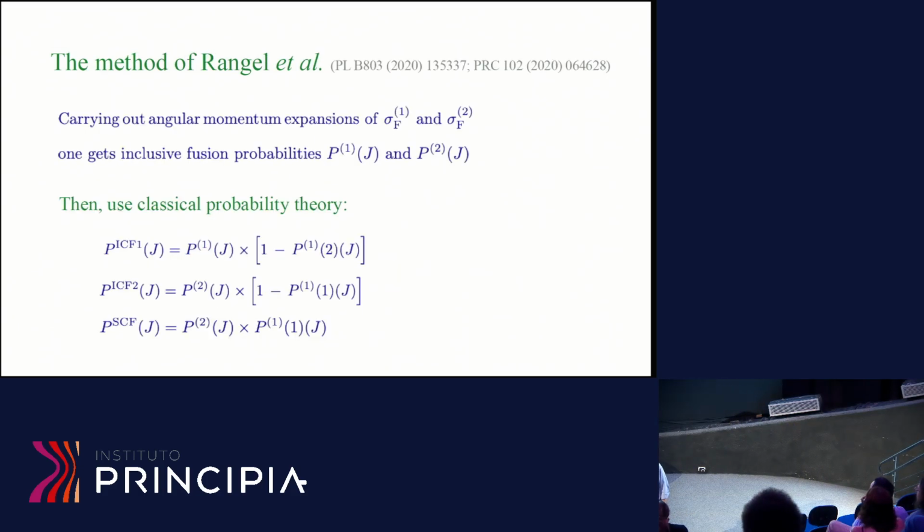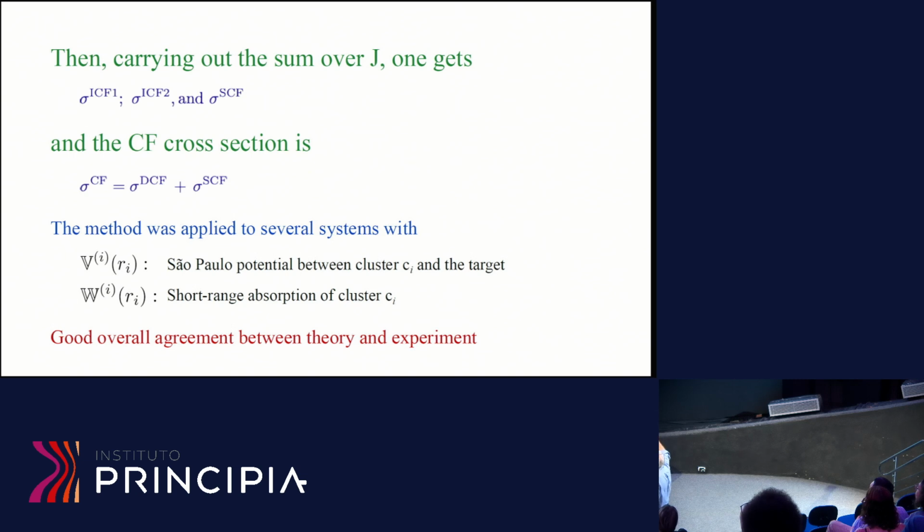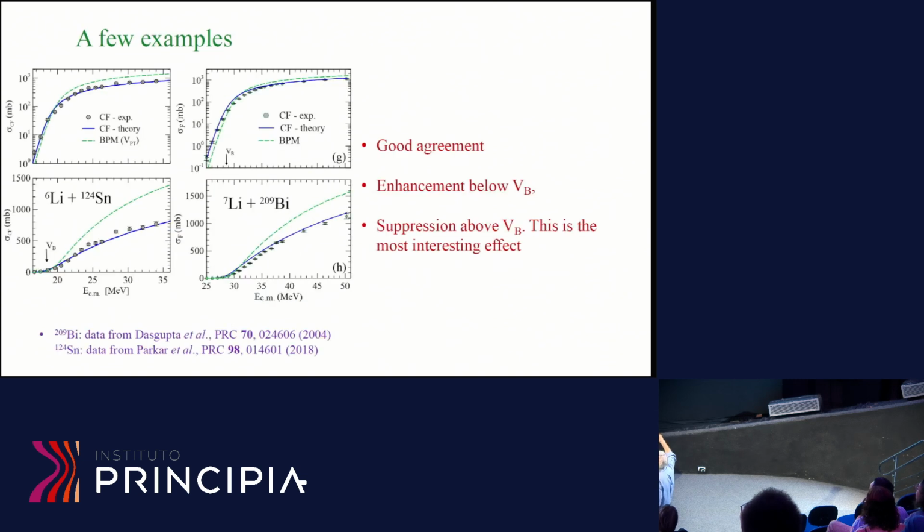No, it's not this, Felipe. 1 minus VB over E. The formula you had is not here. Can you go forward slowly? Not very fast. One more. One more. One more.